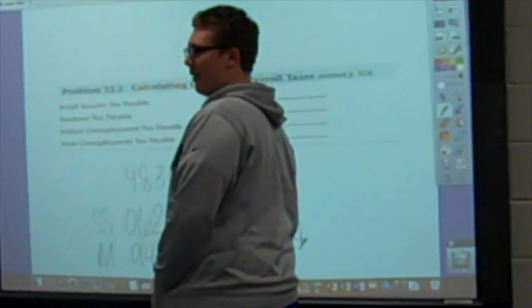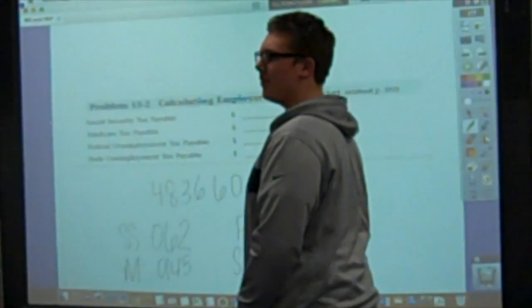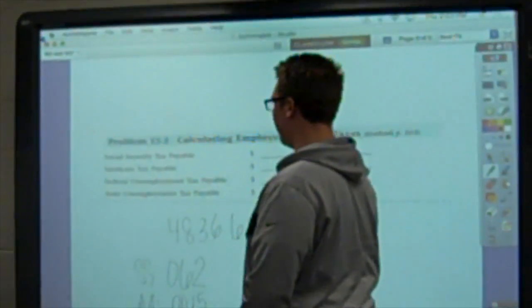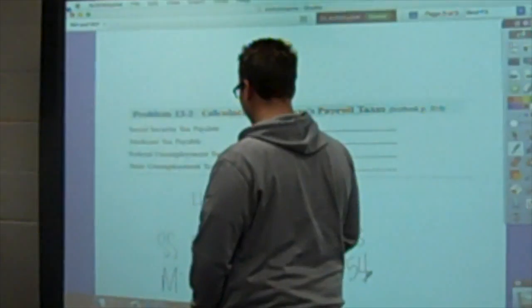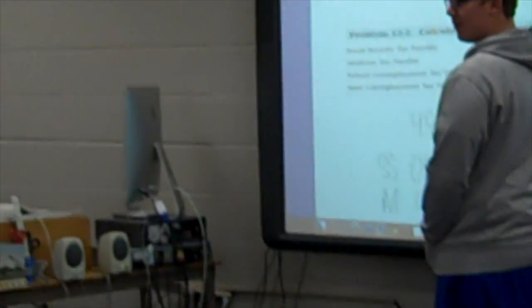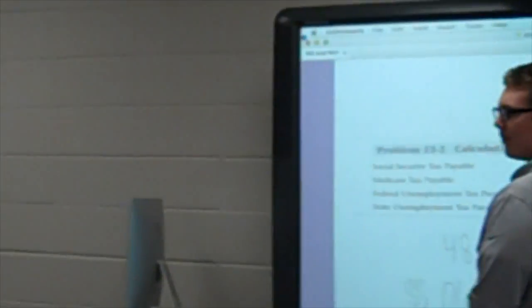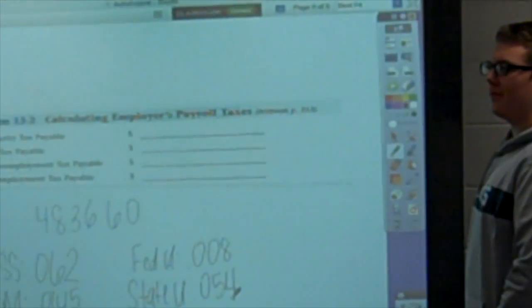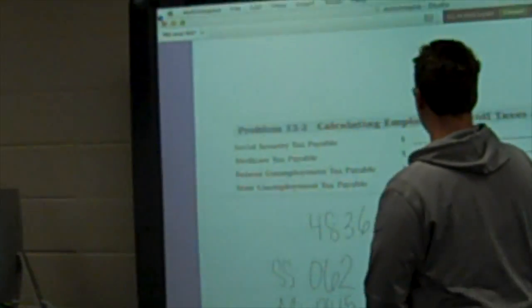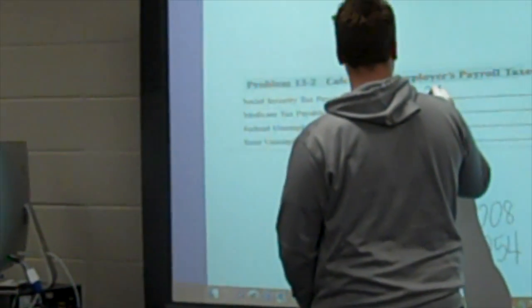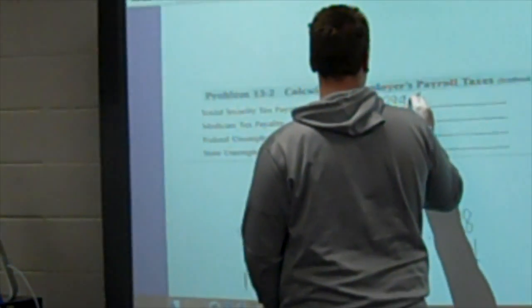We need to multiply it by the total, correct? So we're going to take our 4836.6 and multiply that by 0.062. And what do we come up with? $299.87. So that is how much money we're paying in for our Social Security tax payable.